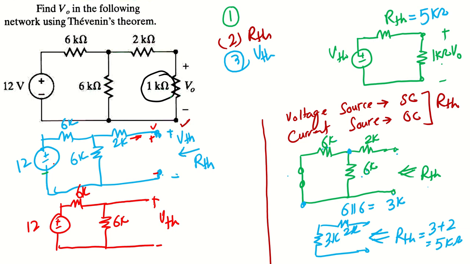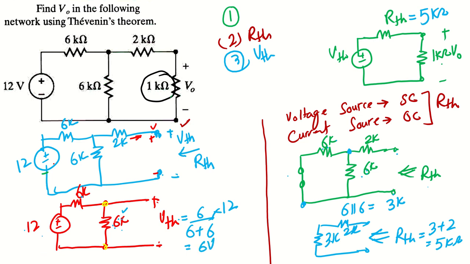The voltage drop between these two nodes is the same as the voltage drop across this 6 kilo ohm, because they are in parallel. For this simple series circuit, we can apply the voltage divider rule: this resistor divided by total resistance 6 plus 6, multiplied by the supply voltage, 12. It comes out to be 6 volt.